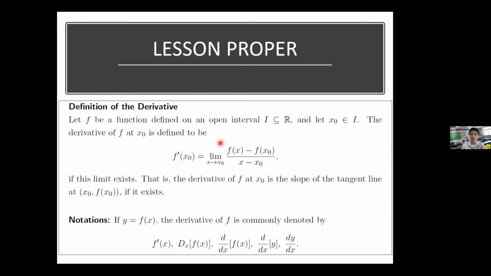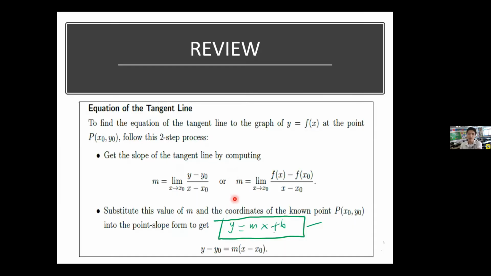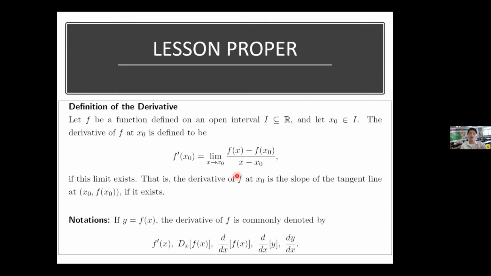If you observe, it is a familiar equation. Recall that this is similar to the slope formula. Actually, it is the same, because the derivative is just the slope of the tangent line at x sub 0 and y sub 0, or your f of x sub 0, if it exists.